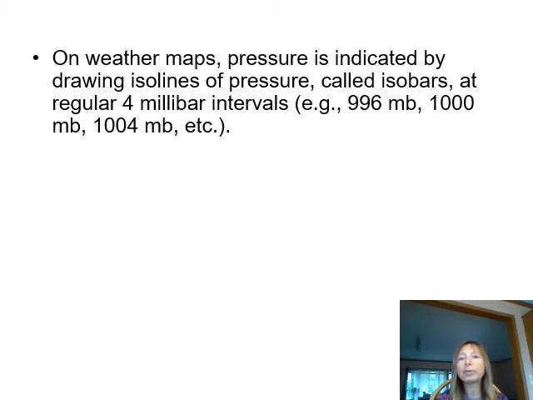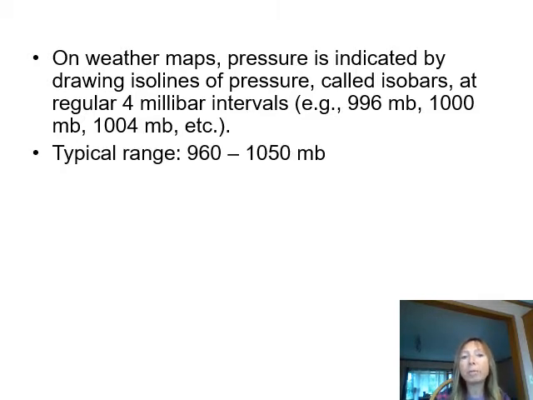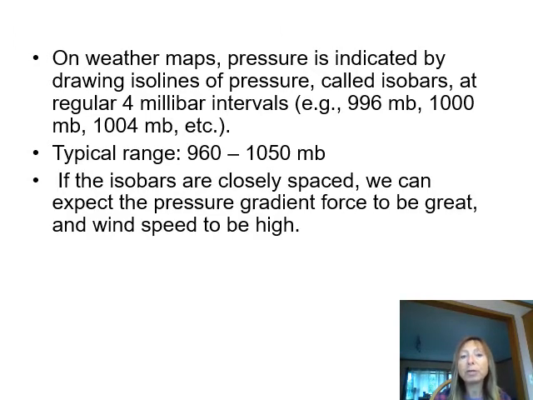Those are the lines of the same or constant pressure. They're called isobars. And you can see the lines every 4 millibars, for example, 996 millibars and 1000 millibars, 1004 millibars, and so on. And the typical range of pressure would be between 960 and 1050 millibars.